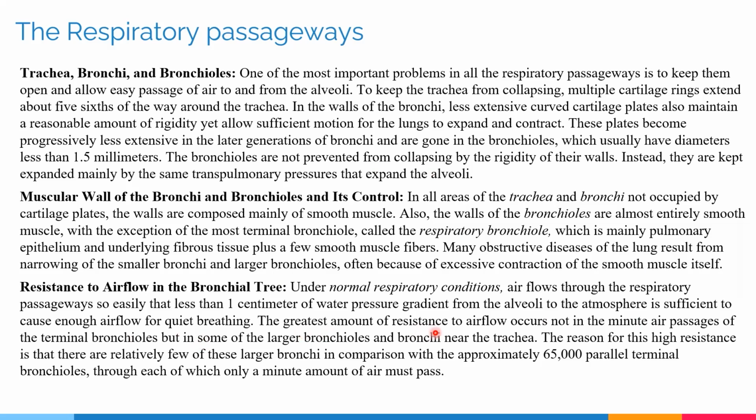The greatest amount of resistance to airflow occurs not in the minute air passages of the terminal bronchioles, but in some of the larger bronchioles and bronchi near the trachea. The reason for this high resistance is that there are relatively few of these larger bronchi in comparison to approximately 65,000 parallel terminal bronchioles, through each of which only a minute amount of air must pass.